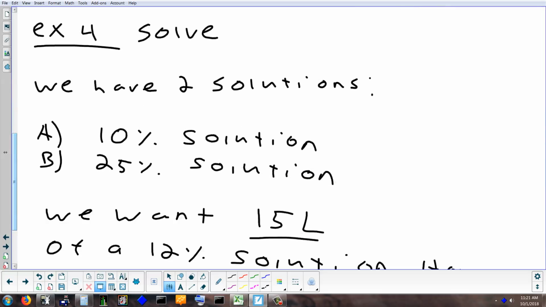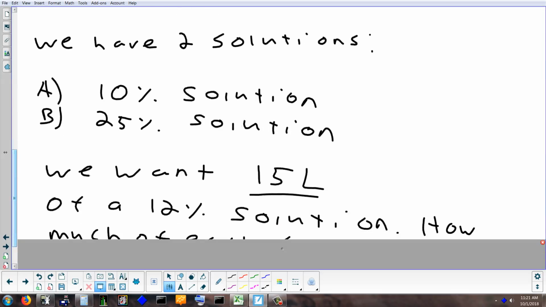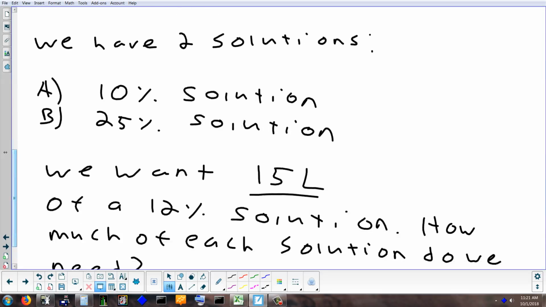A or B? Yeah, more of A, because the final concentration is a little stronger than A. It's 12% instead of 10, but not that much. So I'm going to use mostly A and a little bit of B. But I want to know exactly how much.